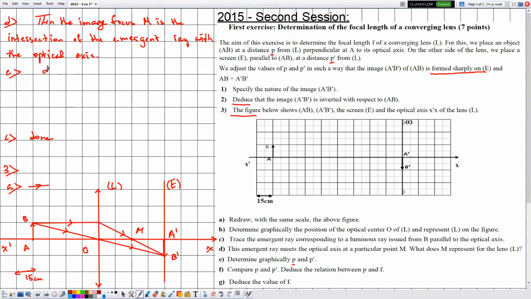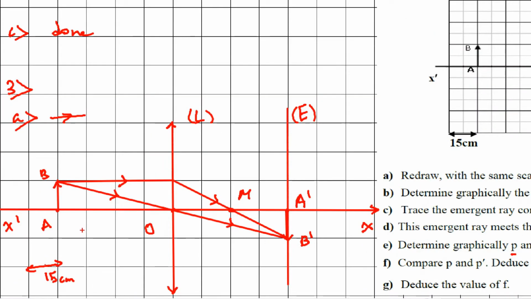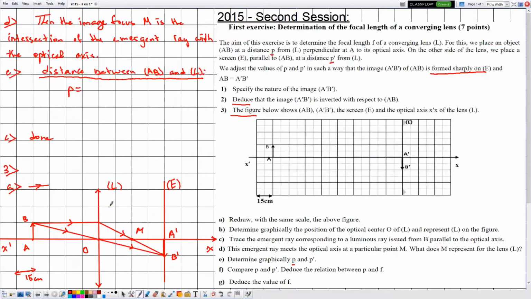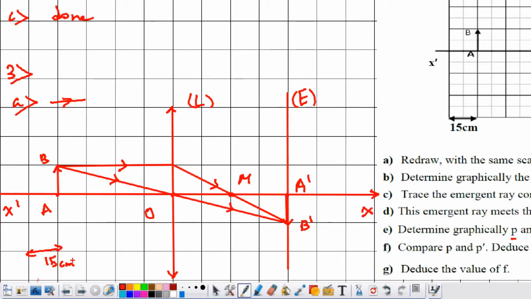Therefore let's write distance between AB and L. This distance is denoted by P, and it consists of 1, 2, 3, 4 divisions, and we multiply by the scale along which we have counted the number of divisions, which is the scale along the x-axis.